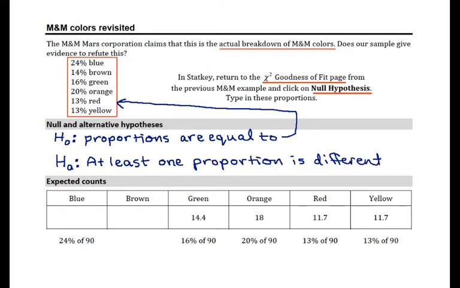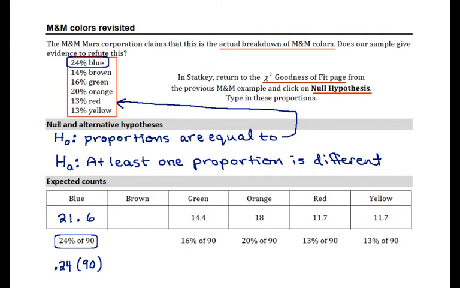Now I'm going to calculate my expected counts by taking each of these null hypothesis proportions of the total. I can't really do the 90 divided by 6 now because they're not all equal proportions. But for example, I'm told under the null hypothesis that it would be 24% blue. I know I have 90 M&Ms, and therefore 24% of 90 is going to be my expected count. So to calculate that, I'll do 0.24 times 90, and I get 21.6.